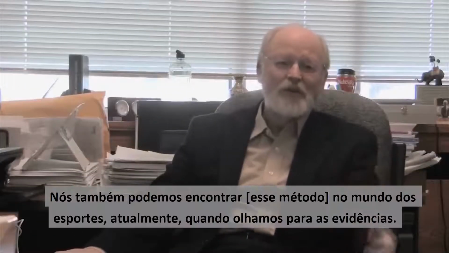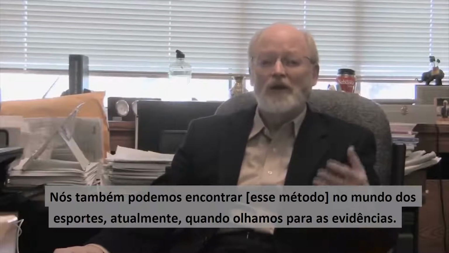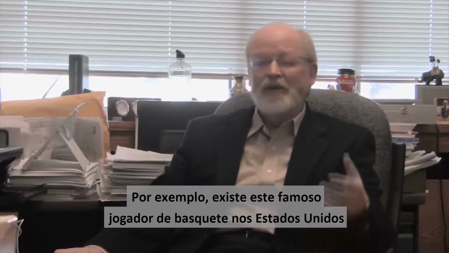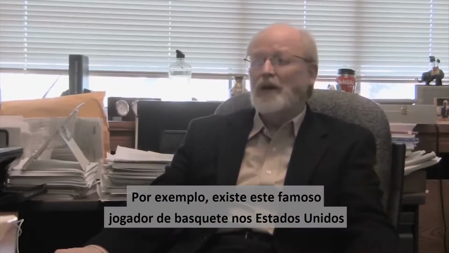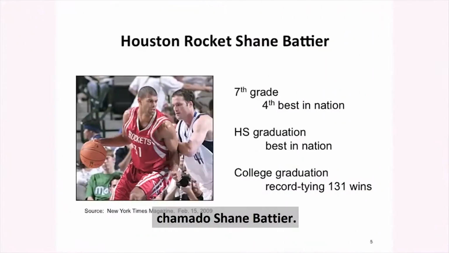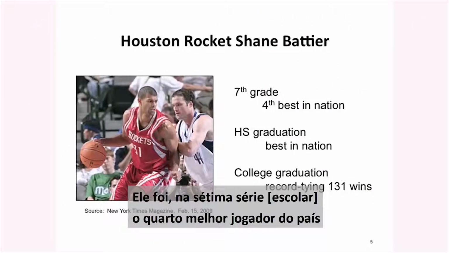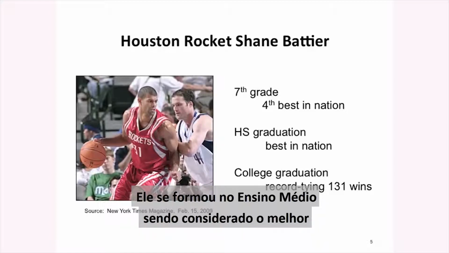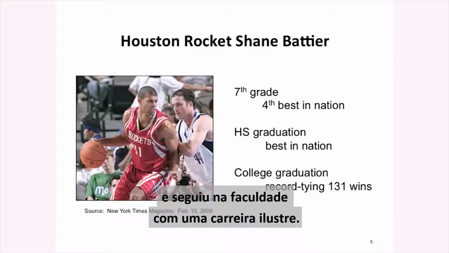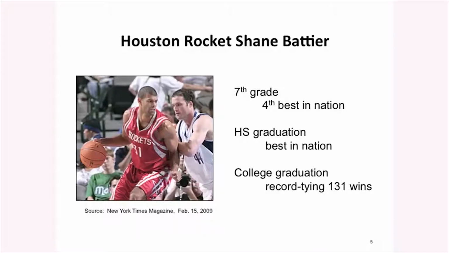We can find it also in the sporting world today when we look at the evidence. For example, there is this well-known basketball player in the United States, Shane Battier. He was, as a seventh grader, the fourth best in the nation. He graduated from high school. He was considered the best. He went on to a very illustrious college career.